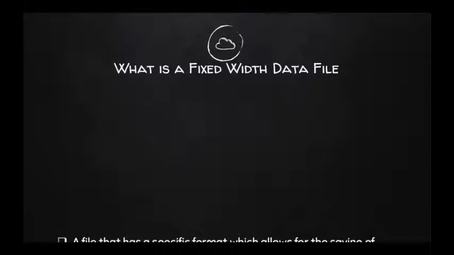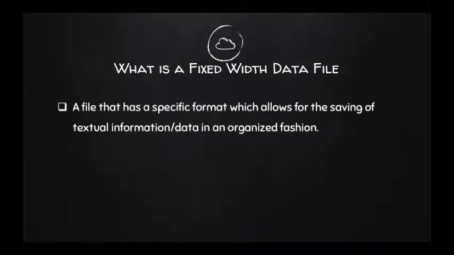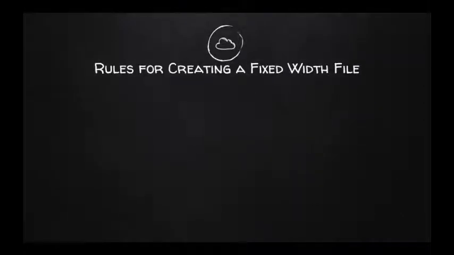So let's dig into the details of each of these file types, starting with the fixed width data file. A fixed width file is a file that has a specific format which allows for saving of textual information or data in an organized fashion.